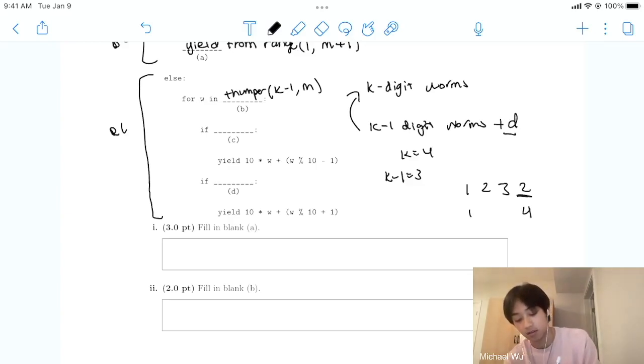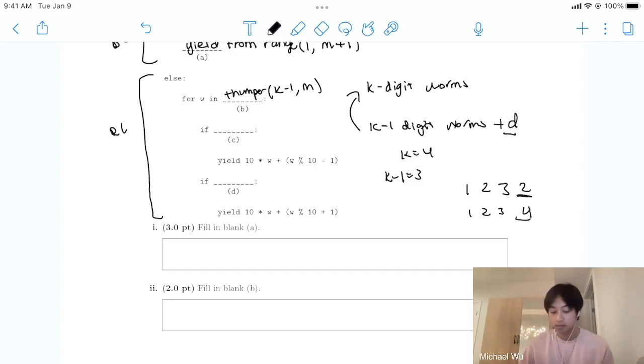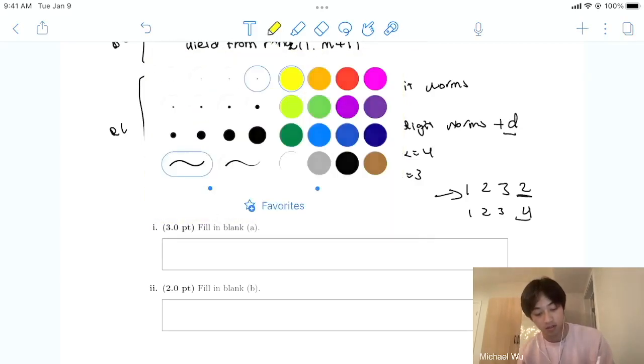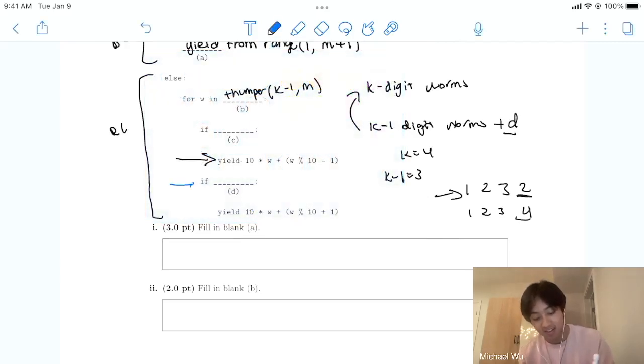Because these are the two valid worms that come from 1, 2, 3. So it looks like we actually have this structure right here. So this is going to return essentially our 1, 2, 3, 2 worm, and, let's do blue, this is going to return our 1, 2, 3, 4 worm.